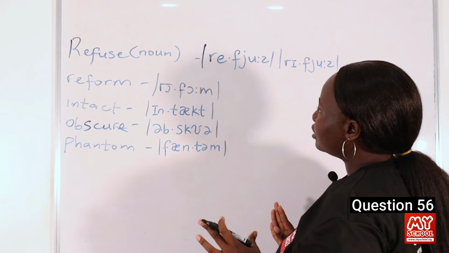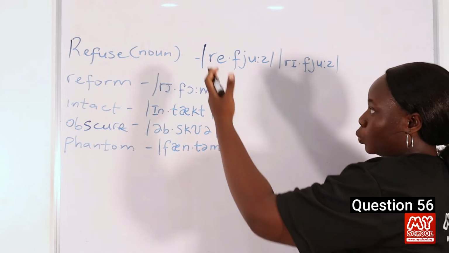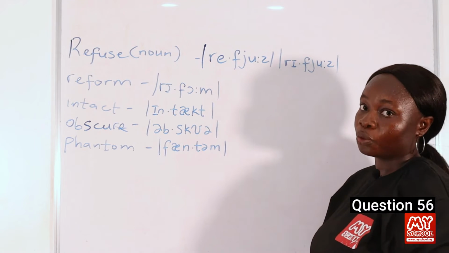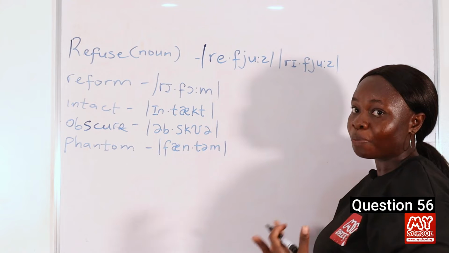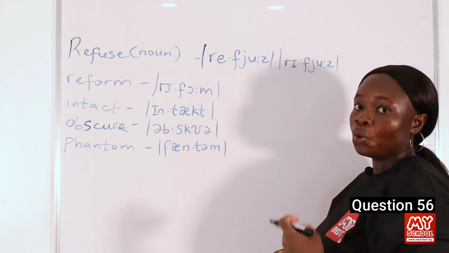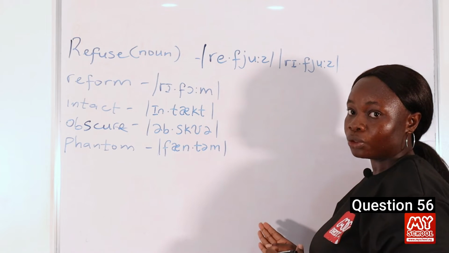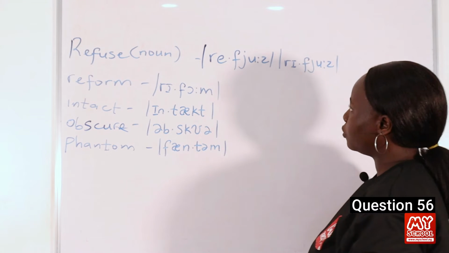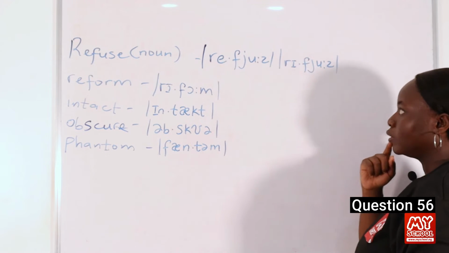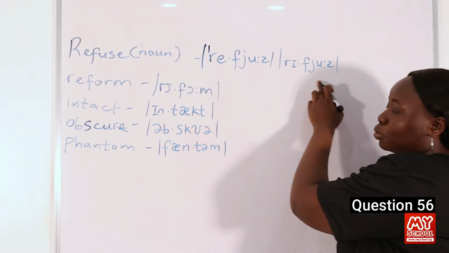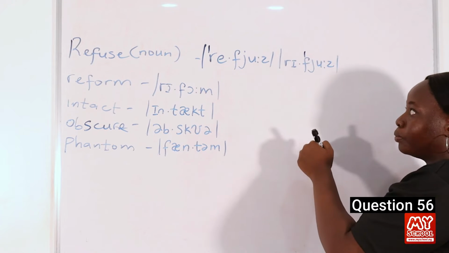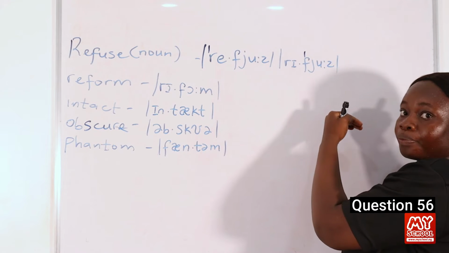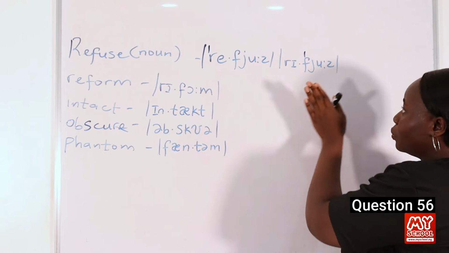In order to identify the stress pattern for each word and find out which has the same stress pattern as refuse, we have to find out first of all whether it's a noun, verb, or adjective, what part of speech it is, and also where the weak syllable is in that particular word. All of this will help to determine where the stress will be placed in that word. So let's begin with refuse. Since this is a noun, the stress is on the first syllable, as opposed to that of the verb refuse, which is on the second syllable, because for verbs, the stress is usually on the last syllable, except where there is a weak vowel.